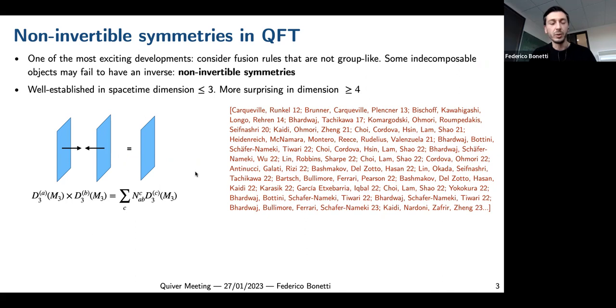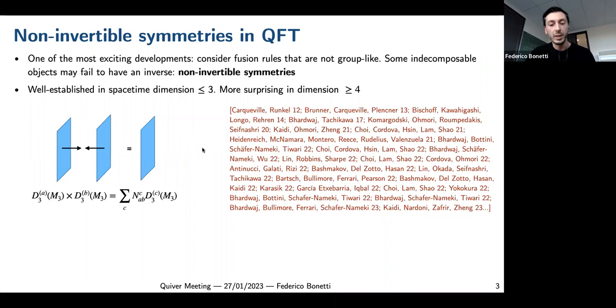The fact that these symmetries exist in lower space-time dimension has a long and very rich history. What is more recent and more surprising is finding them in several examples in 4 dimensions and also higher dimensions. There has been quite a dramatic development in really a year or so.